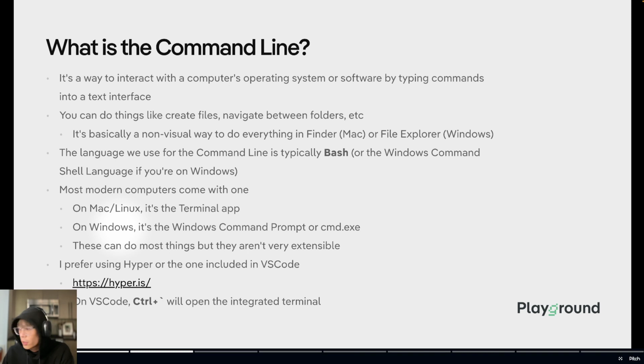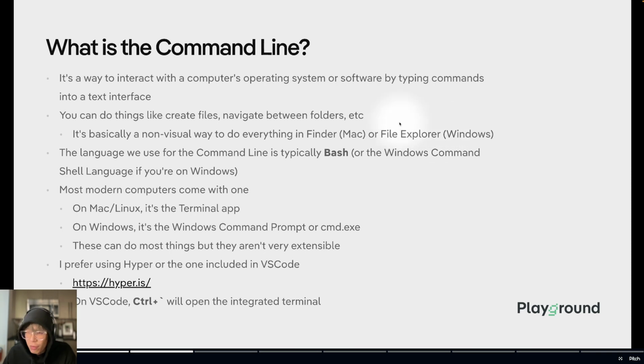Okay, so let's start with the command line. The easiest way to explain the command line is it's a way to interact with the computer's operating system by typing commands. You can do things like create files and navigate between folders. One way I've always liked to think of it is it's basically a non-visual way to do everything you can do in Finder if you're on Mac, or File Explorer.